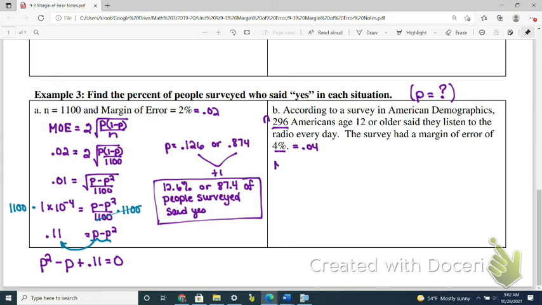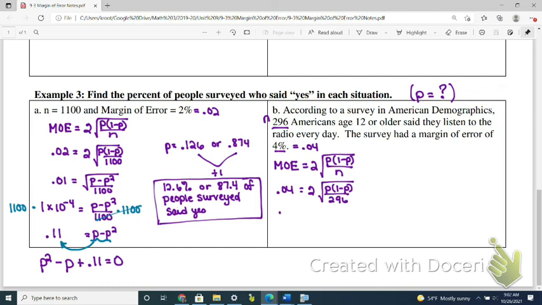So first things first, I write the formula. And now we plug in. So that's 0.04 equals 2 times the square root of p times 1 minus p all over 296.